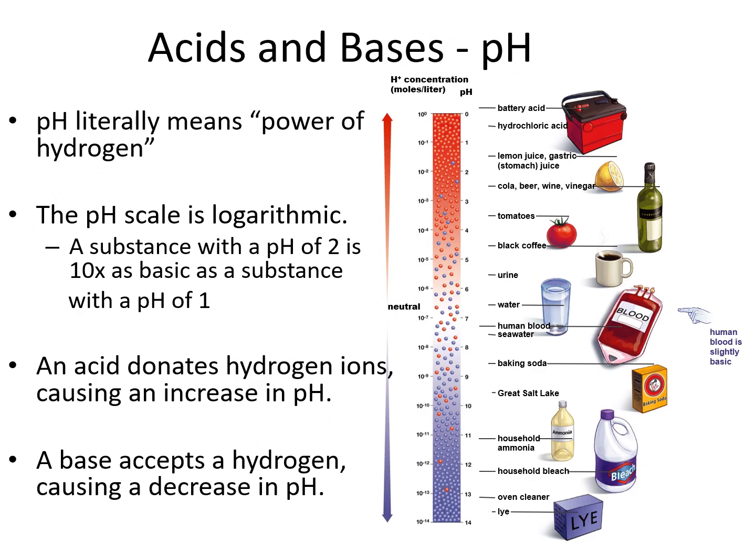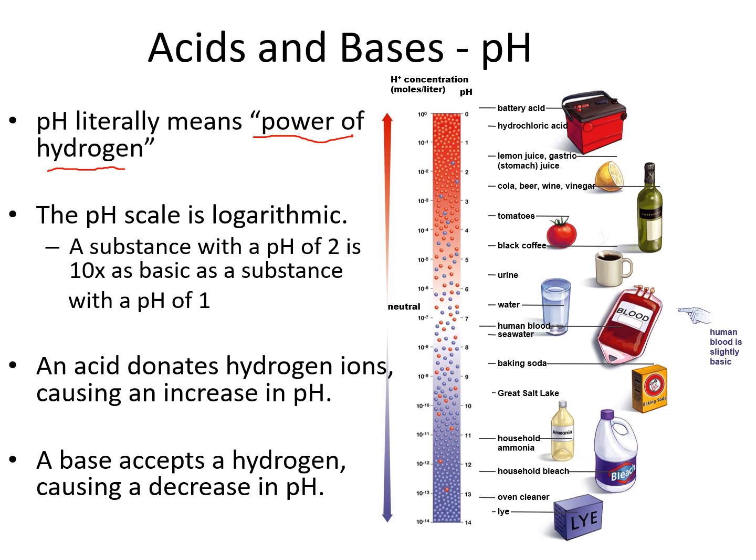Okay, so let's talk a little bit about acids and bases. When we talk about acids and bases, we typically use a pH scale, and pH literally stands for the power of hydrogen, and the pH scale is logarithmic, right?